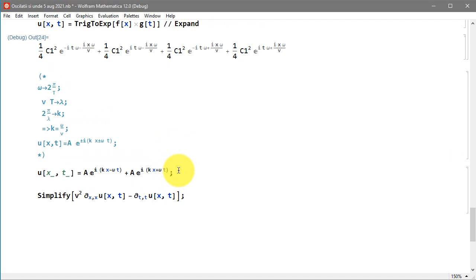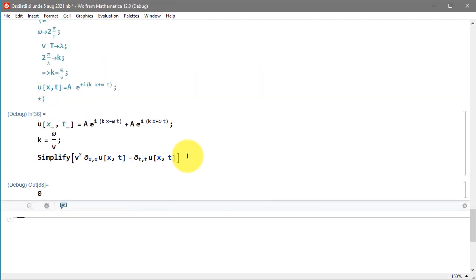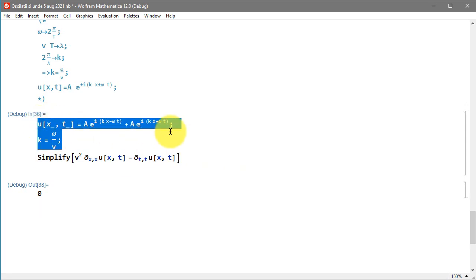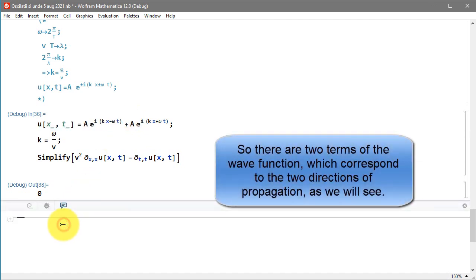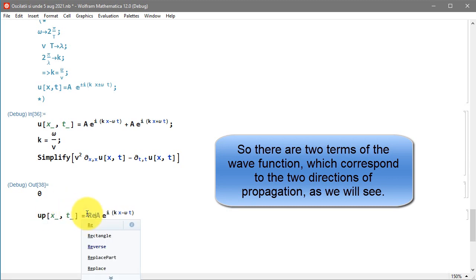So we calculate the difference of the two members and it gives 0. So this equation is satisfied. So there are two terms of the wave function which correspond to the two directions of propagation, as we will see.